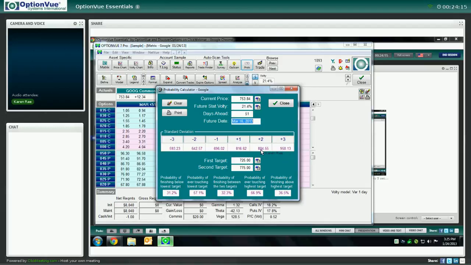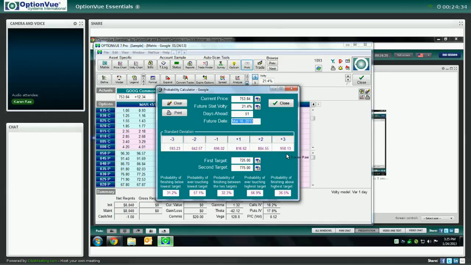And by mathematical definition, that's a 95% probability that the stock will be in the range of 642 to 884 by March 16th, with the statistical volatility of the stock being at 21.4%. So I hope that makes some sense.